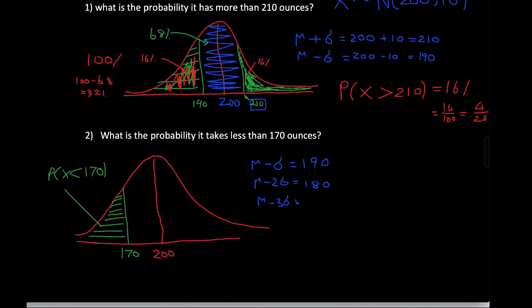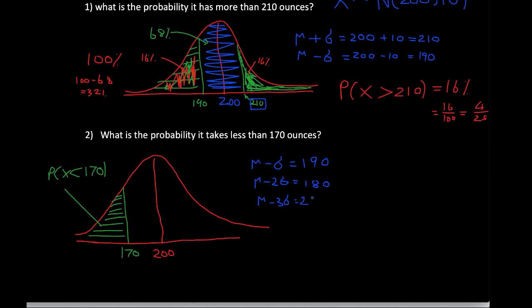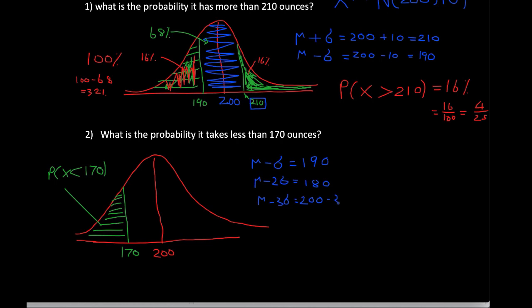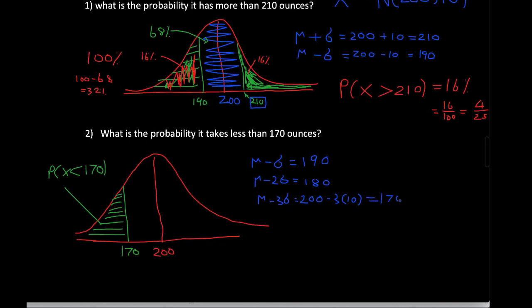It is 200 minus 3 times sigma, which is 10, equals 170. That is the number we were looking for. Yes, we do have 170. Therefore, we know this is the number within 3 standard deviations.